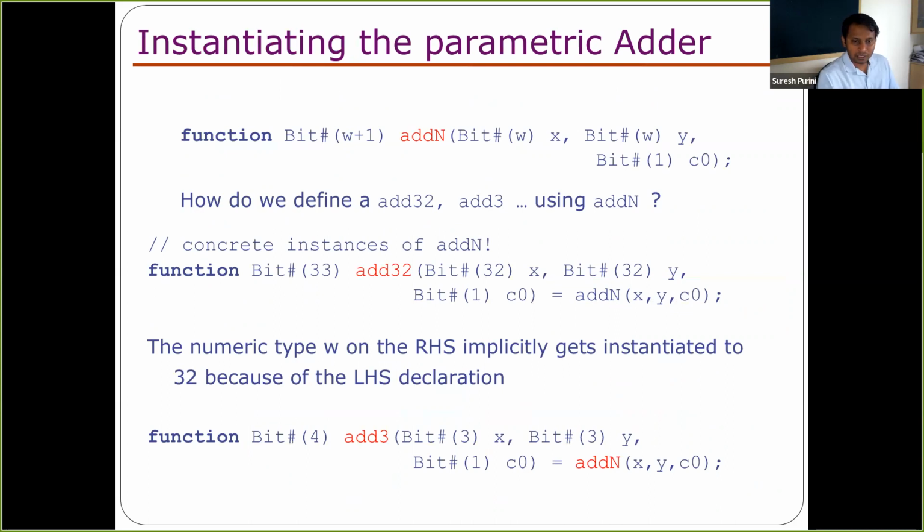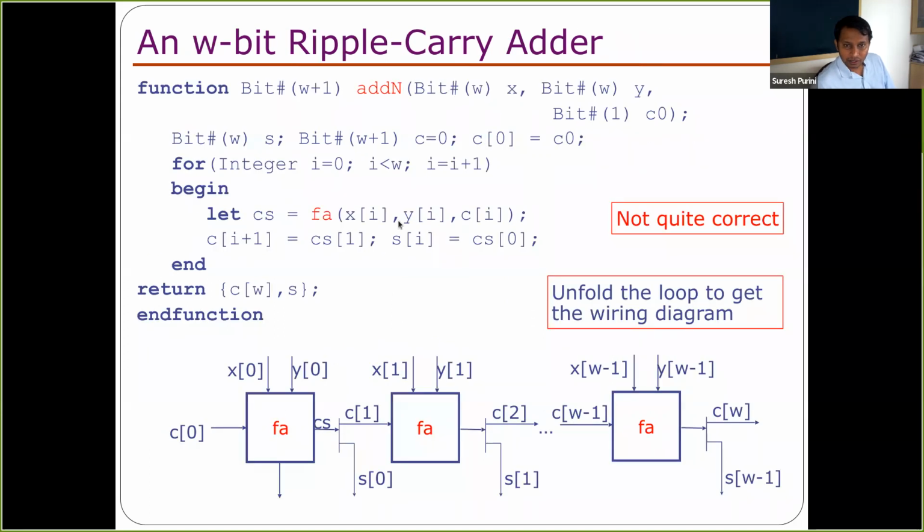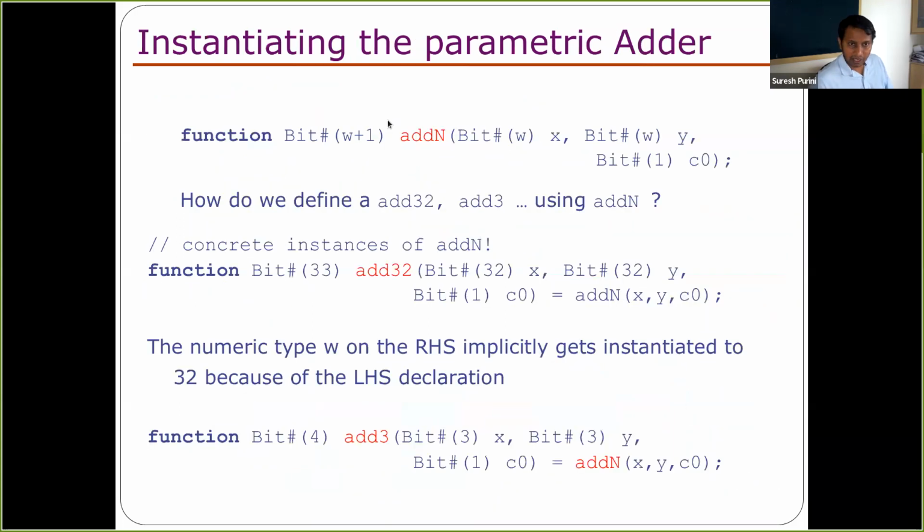like for example, here on the last line, if you want to define a 32-bit adder circuit, you just have to use this syntax. The addN is the function that we have defined, and we just use x and y.